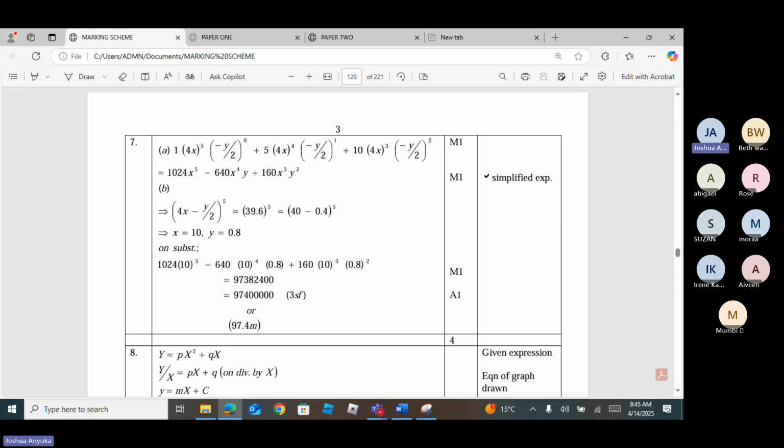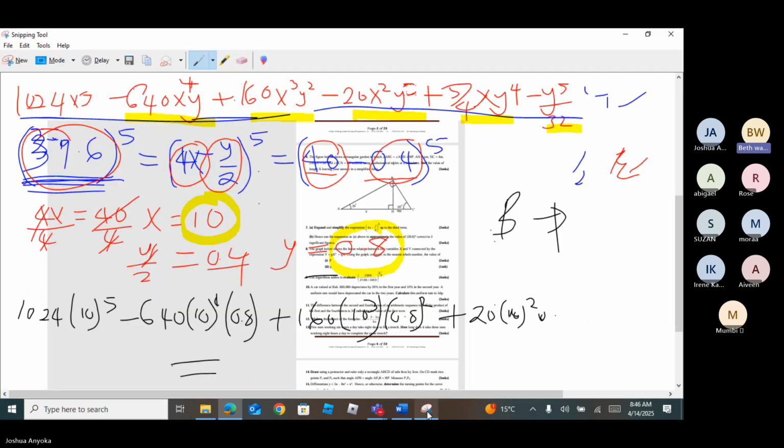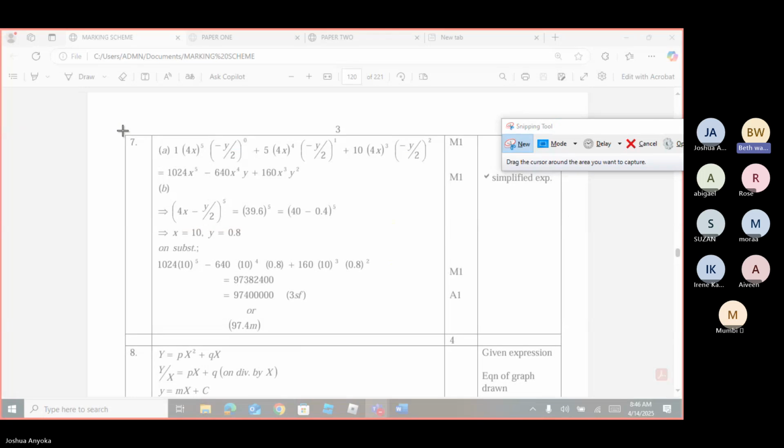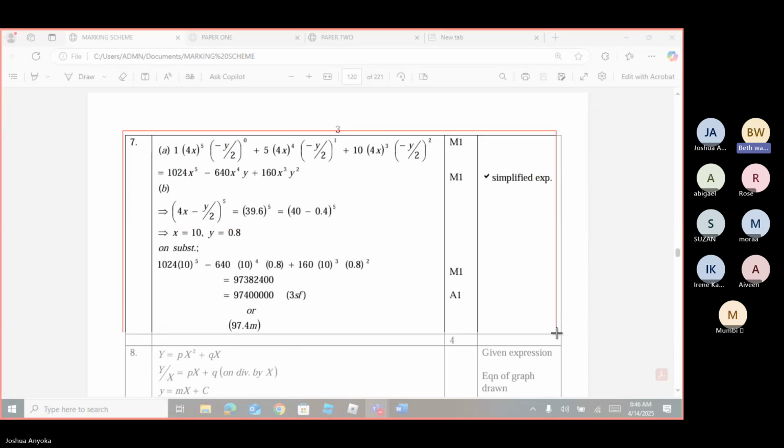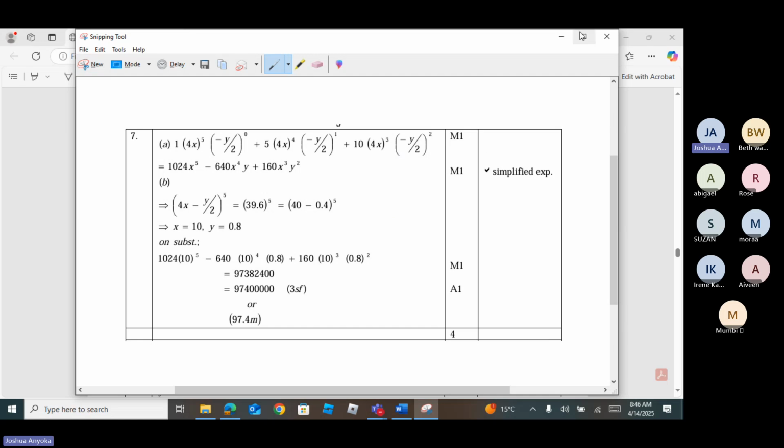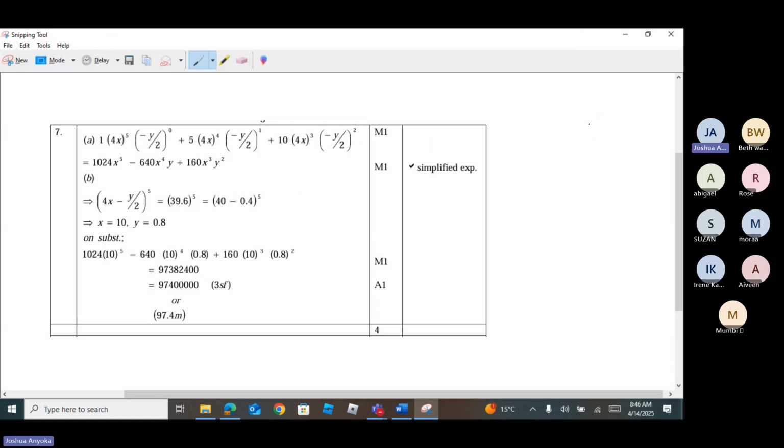But the question was saying express your answer to 3 significant figures. So to 3 significant figures, it becomes 97,400,000. So we should not be worried about what we are getting. We should be consistent to the process.